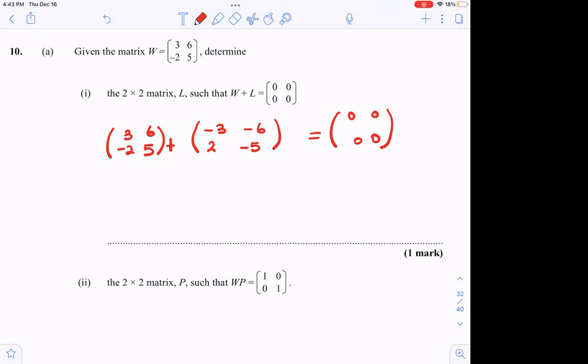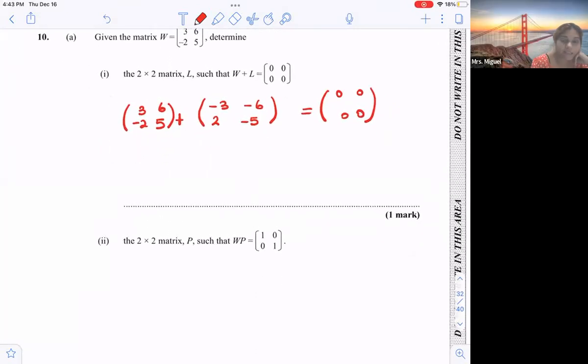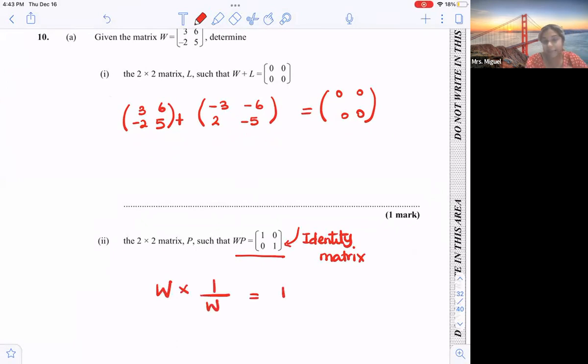Yeah, miss. All right. We want a 2 by 2 matrix that will give us the identity. This is called the identity matrix. A matrix W multiplied by 1 over W will give us 1, and this is the identity.